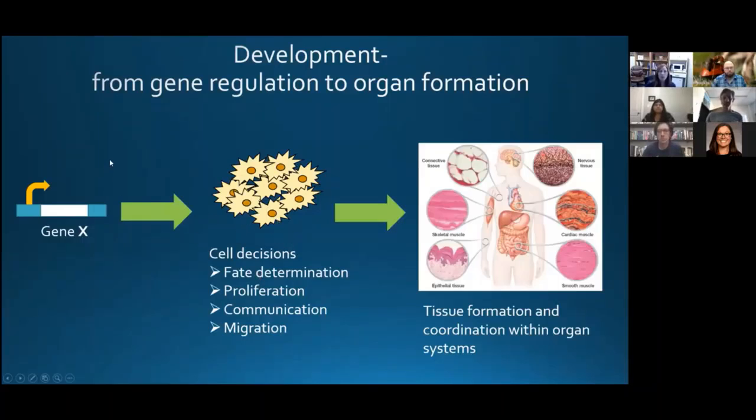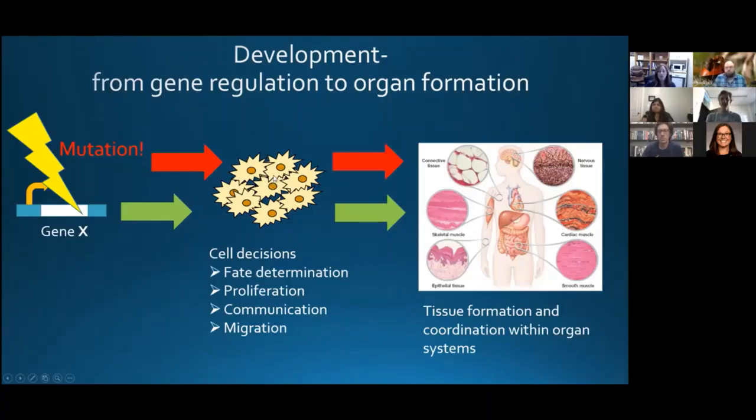And so you can imagine then if there is a mutation that happens in a particular gene, that is going to disrupt the decisions that that cell is making, and ultimately disrupting those cell decisions will disrupt tissue formation. And unfortunately, this actually happens quite a bit in the human population, so that mutations within genes in early development will end up leading to babies that are born with different developmental disorders, which can have a huge impact on the health of that individual.